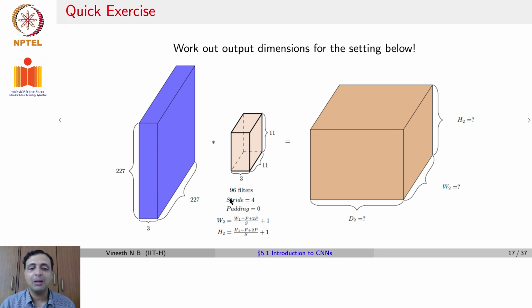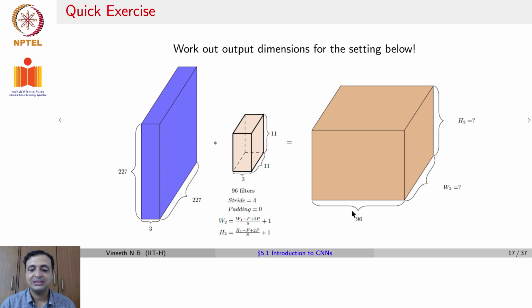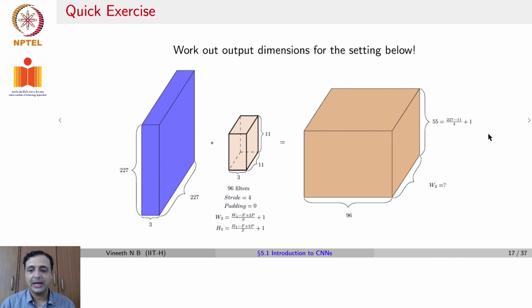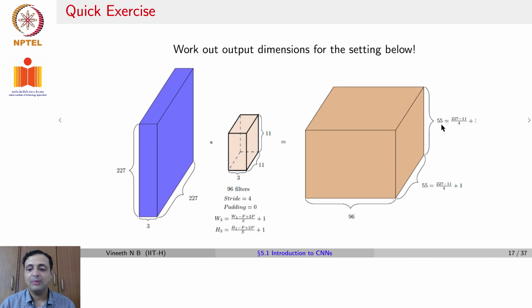D2, as we said, is the number of filters, which means D2 is 96. Let's then go to H2. H2 was given by H1, 227, minus F, minus 11, plus 2P, which is 0, by stride 4, plus 1, which is 55, and we get a similar value for W2.